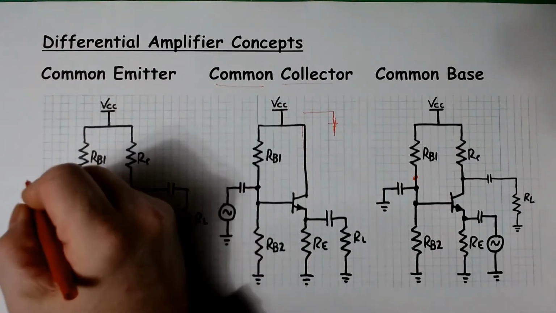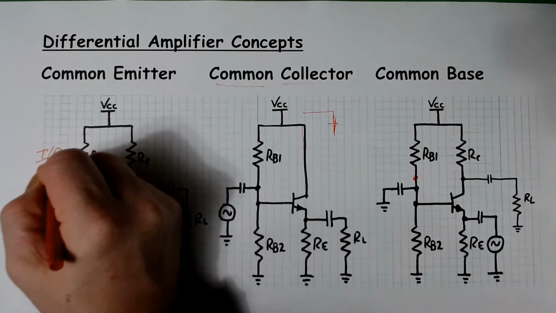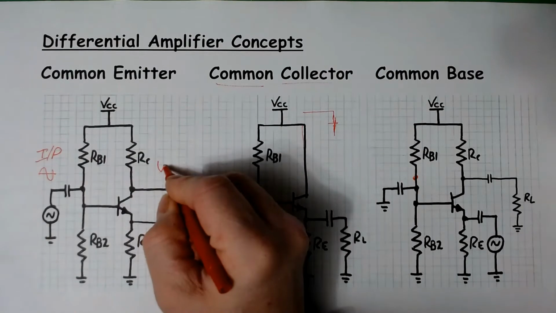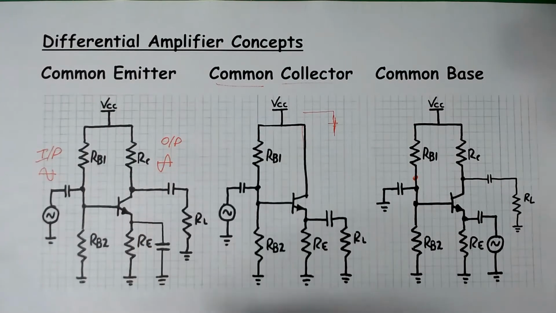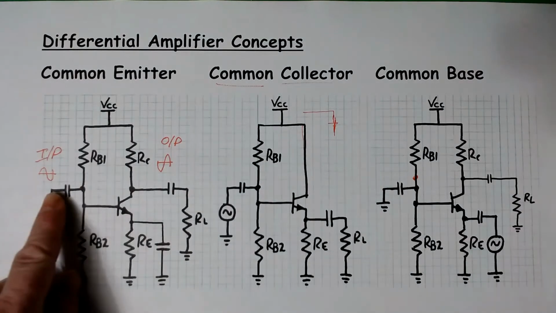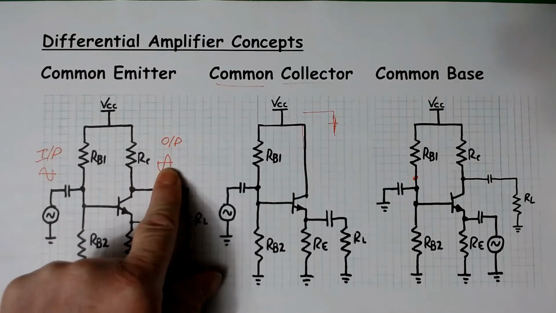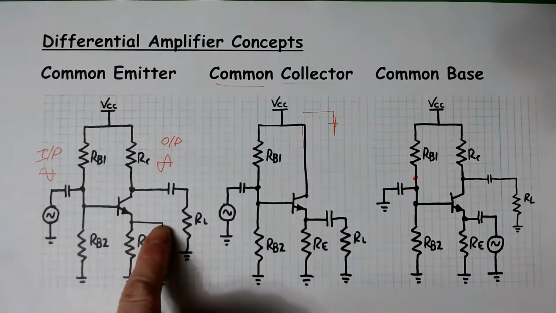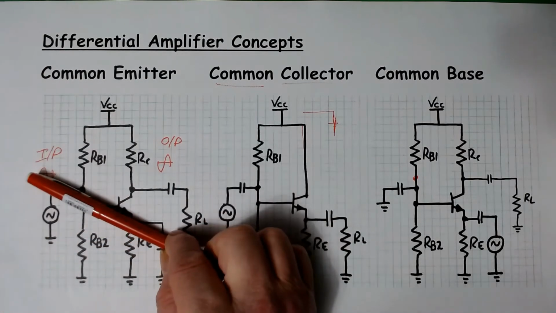On the common emitter, we put a signal in here. So the input is applied to the base, and the output, which is out of phase, is taken from the collector of the transistor. And what you're doing in the common emitter is, when we take this point to an AC ground point, we're holding that at a fixed value.